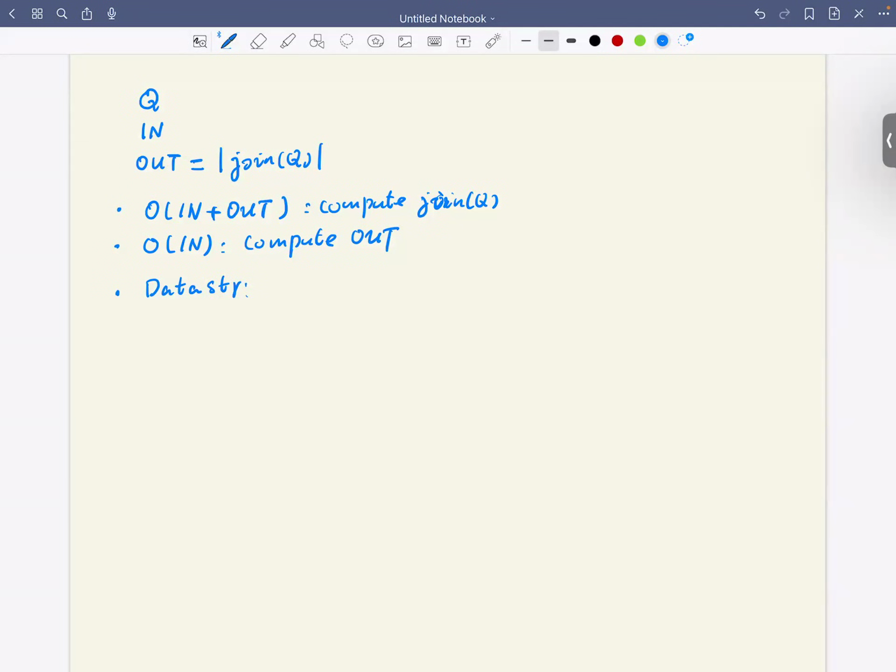To describe this sampling result, I should first mention the pre-processing time, which is linear to the input size, not to the output size. You pay only the linear cost to the input size, and then every sampling operation is supported in constant time.